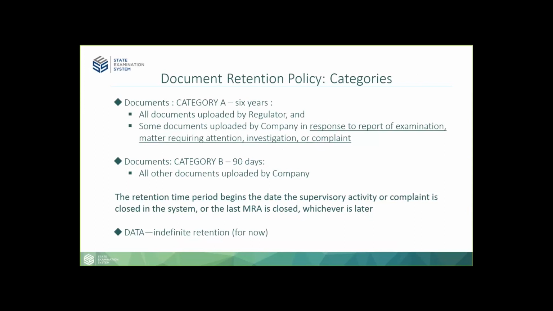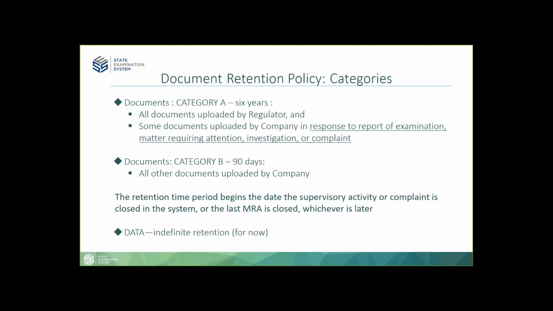Documents in Category A include all documents uploaded to the system by the regulator, and some documents uploaded by the company when they are uploaded in connection to the response to the report of examination, a matter requiring attention, an investigation, or a complaint. That's Category A, 6 years.